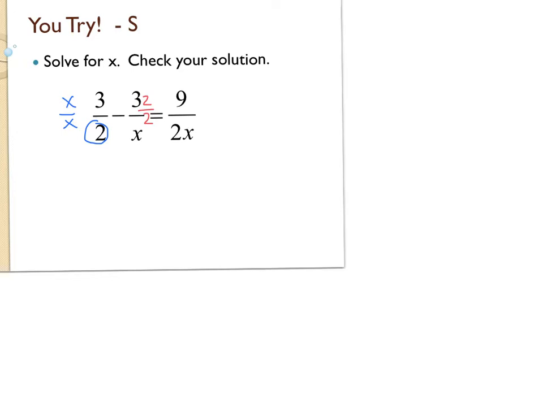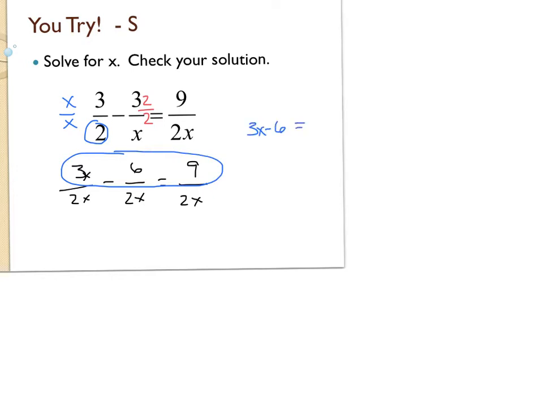The first term is going to turn into 3x over 2x minus 6 over 2x is equal to 9 over 2x. And now that everything is common in the denominator, I just look at the numerators and I'm going to solve 3x minus 6 is equal to 9. Makes it a much simpler problem to solve.